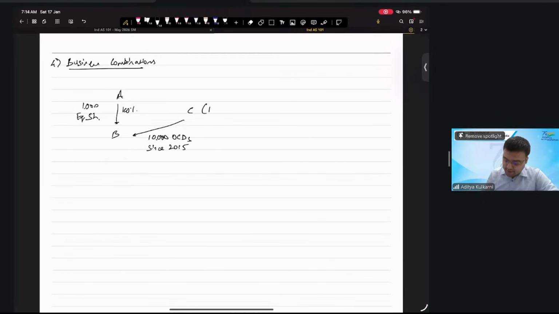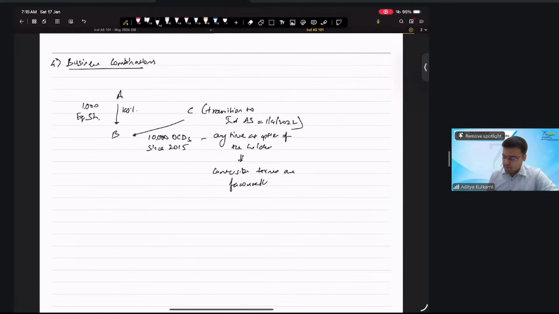Transition date, C transitions to Ind AS on 1st April 2022. Optionally convertible debentures, convertible anytime at the option of the holder, and the conversion terms are favorable.